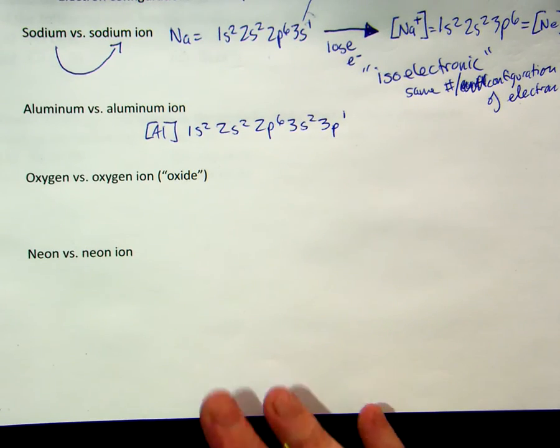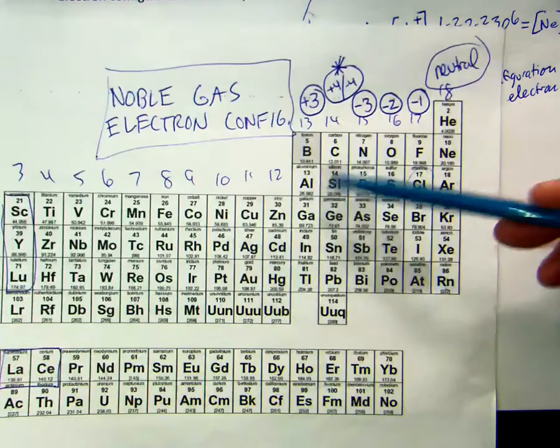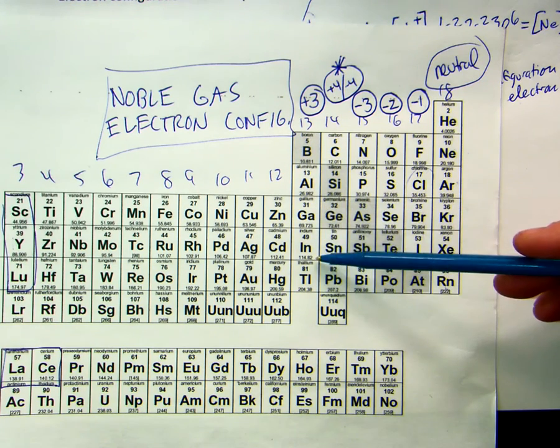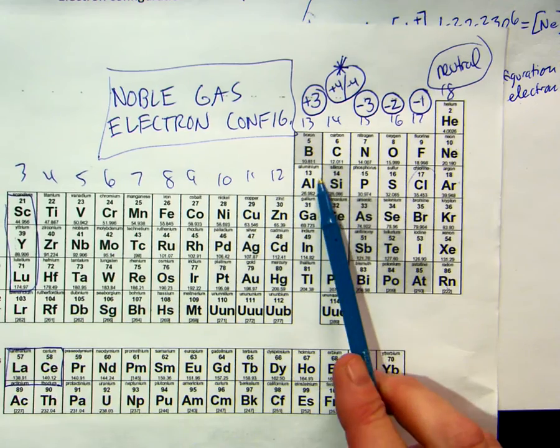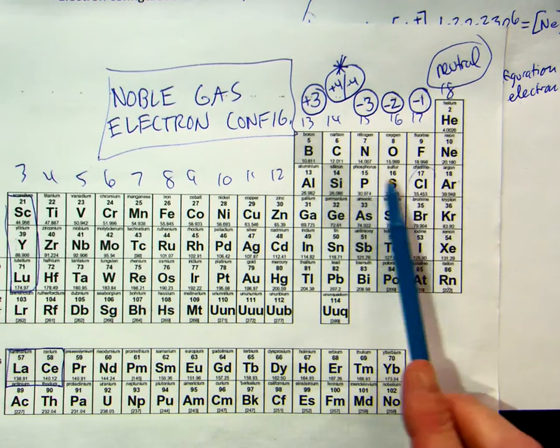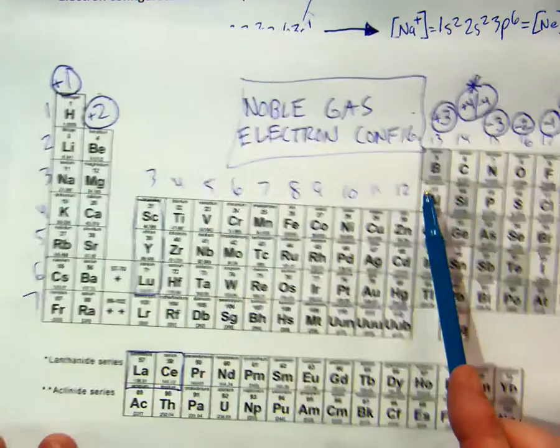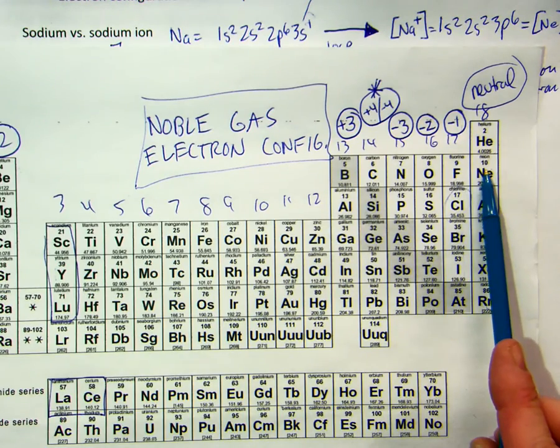Okay. So aluminum is a metal, and it has an option here. It can gain 5 electrons and become like argon, or it can lose 3 electrons and become like neon.